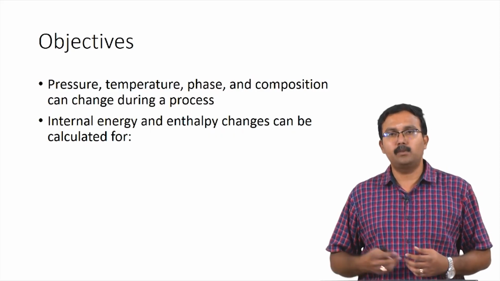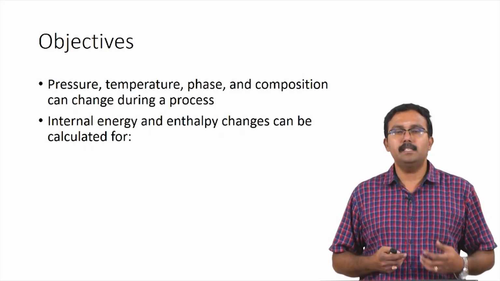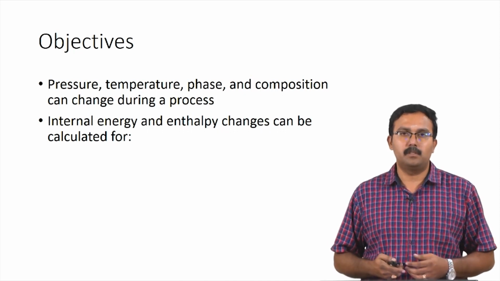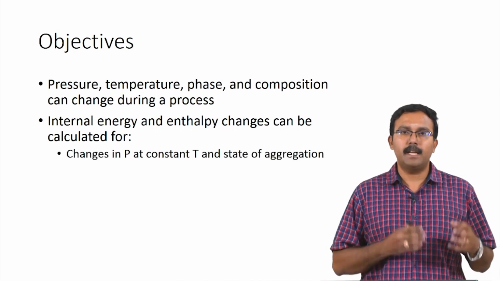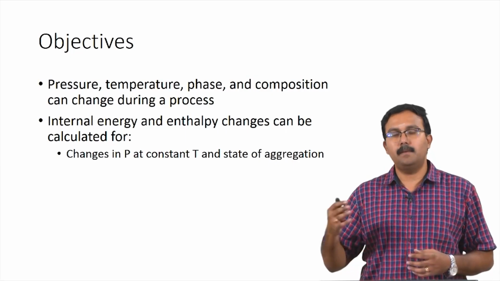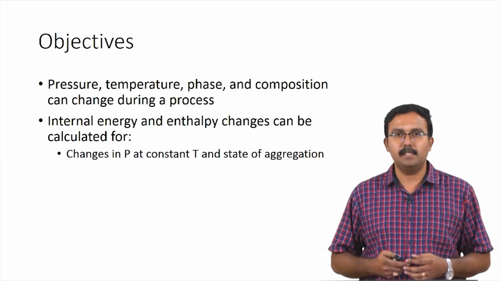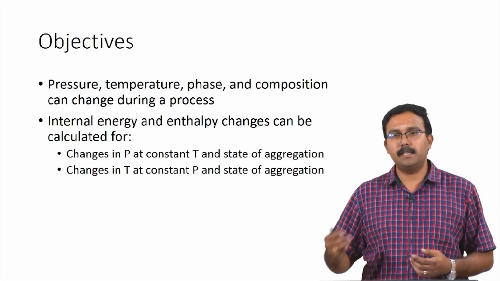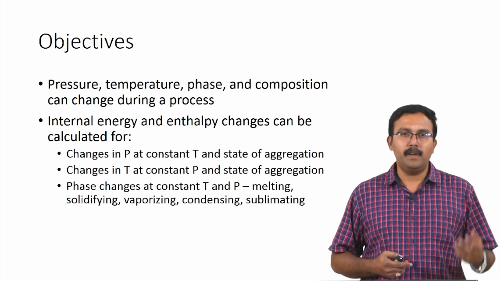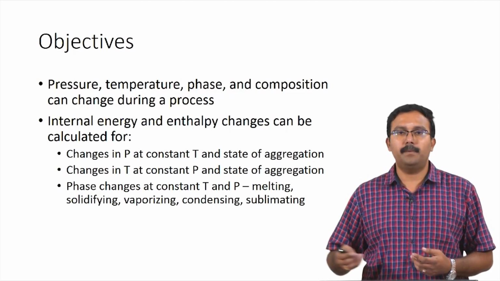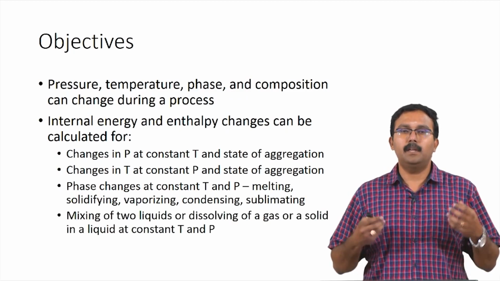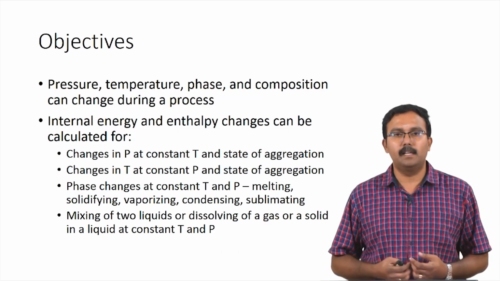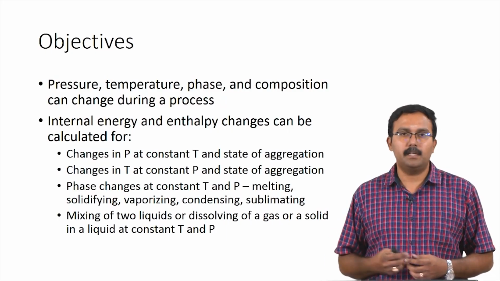Instead, what we can actually do is calculate change in internal energy or enthalpy for the following processes, where pressure changes at constant temperature and state of aggregation or phase, where temperature changes at constant pressure and phase, where phase changes at constant temperature and pressure, and when there are mixing of two liquids or dissolving of a gas or a solid in a liquid at constant temperature and pressure.